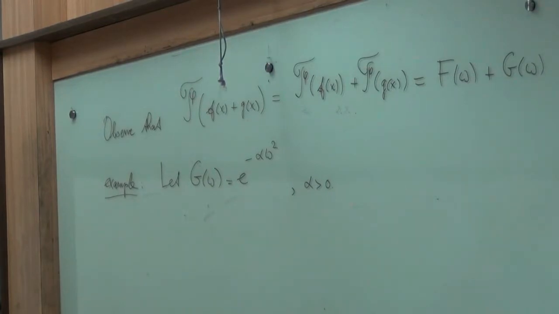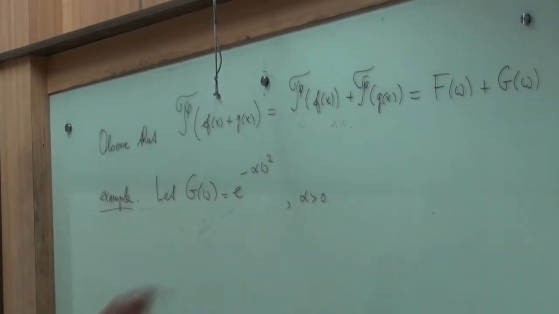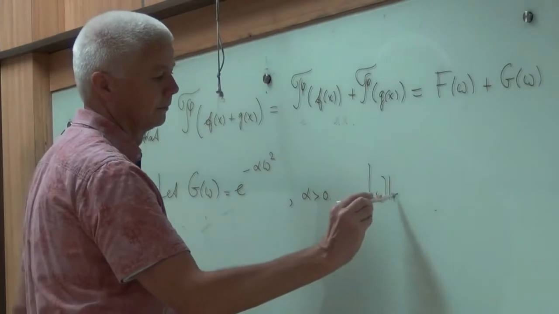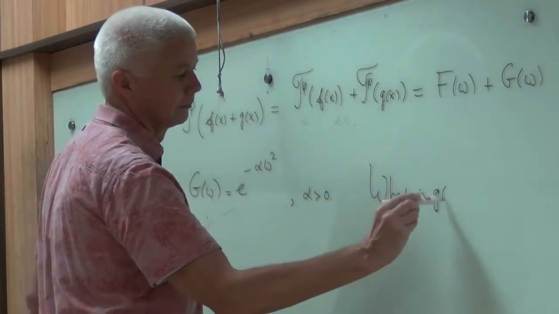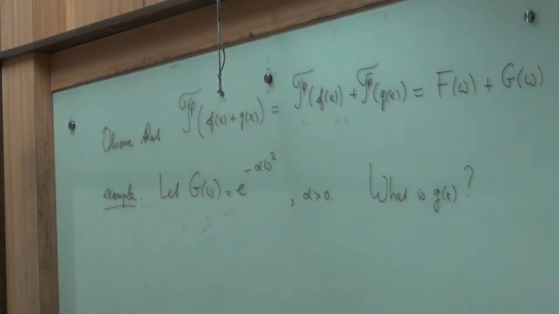Let's assume that somehow we found in our computations G omega as being e to the power minus alpha omega squared. And I wonder what is the function g of x that belongs to that. And it will turn out that this function plays an important role if you want to solve problems for heat equations.